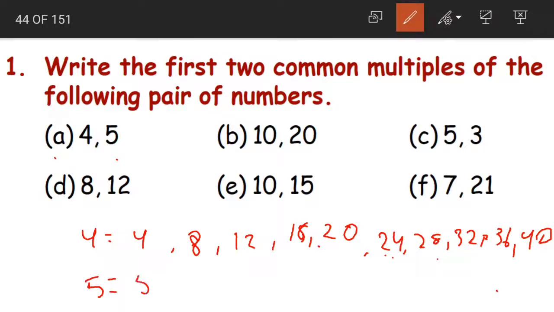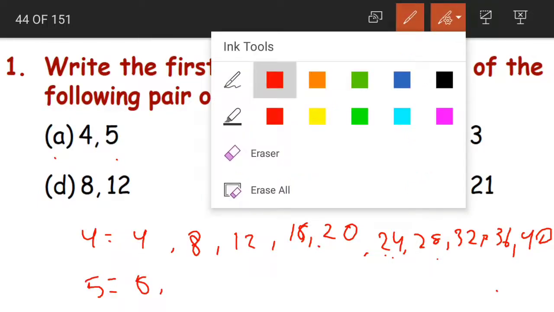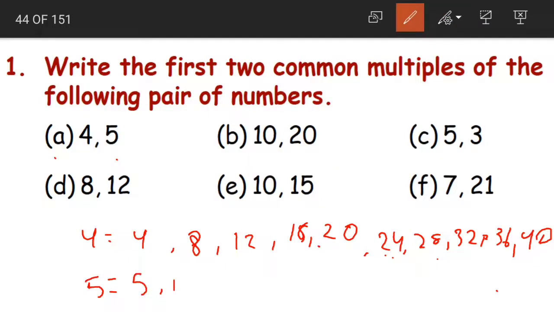Now coming to the multiples of 5: 5, 10, 15, 20, 25, 30, 35, 40.